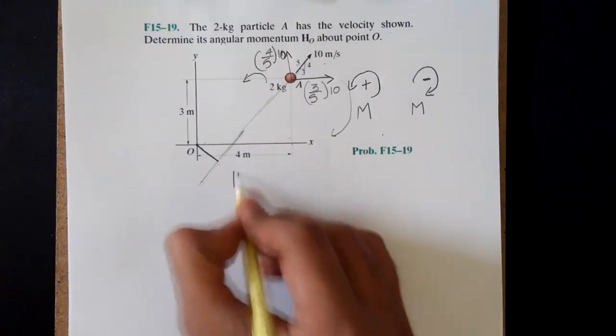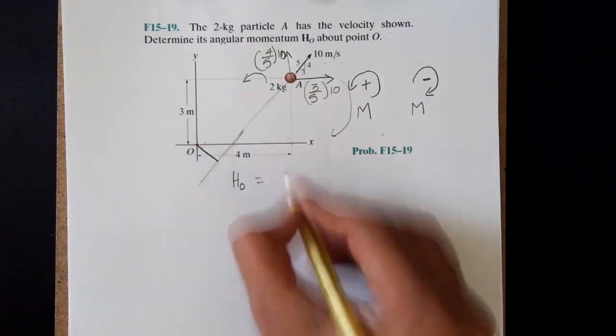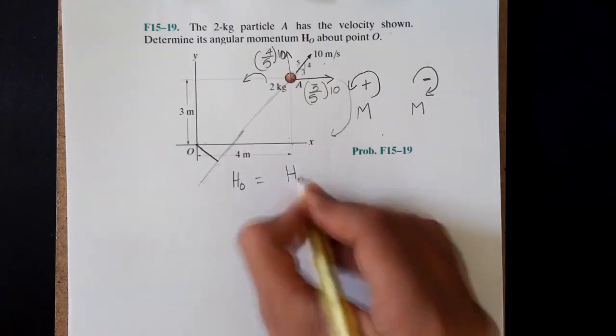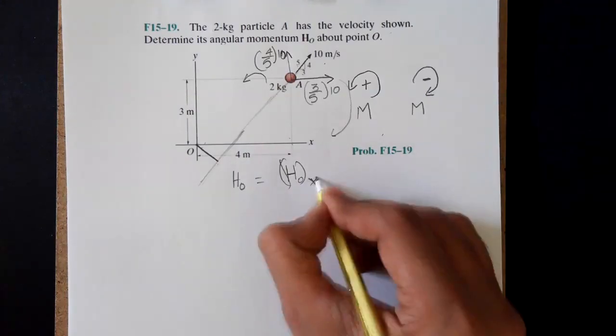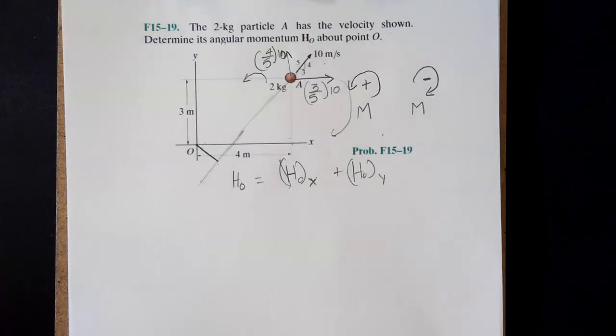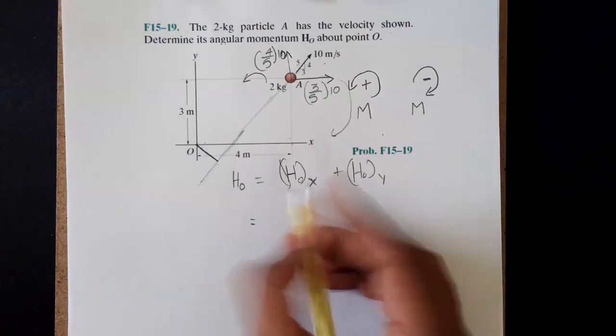So let's write down the equation for the angular momentum about O, which is sum of horizontal moment and vertical moment HOy. So we are using scalar approach here.